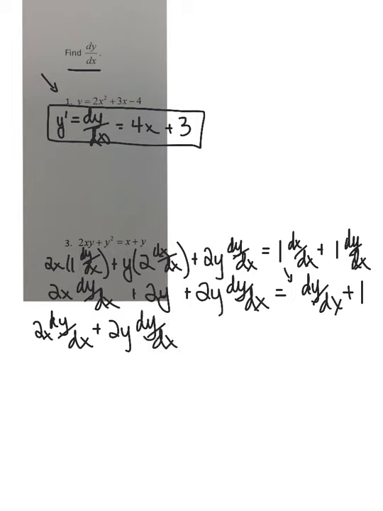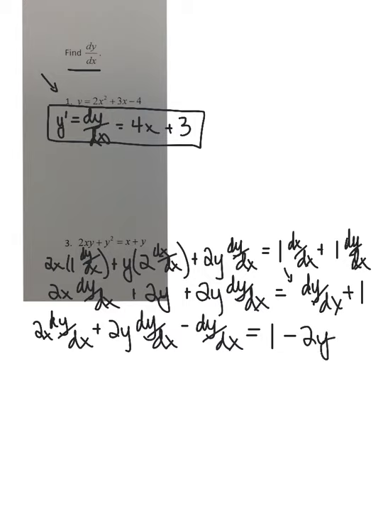So that means I have to move this dy/dx over, and that's going to become a negative. So minus dy/dx. And then on the right side of the equal sign, I already have that 1, and I'm also going to move this 2y. So that's going to be minus 2y.